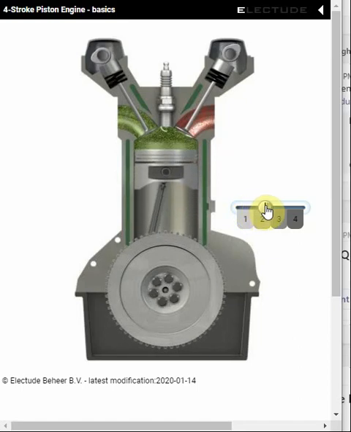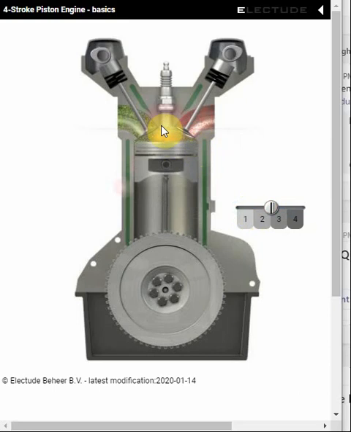I compress the fuel and air into the small little area here called the combustion chamber. You can see now the spark plug is just starting to fire. That's our 3rd stroke, which is power. The valves are both still closed. Spark plug ignited. The explosion forces the piston down, like so.